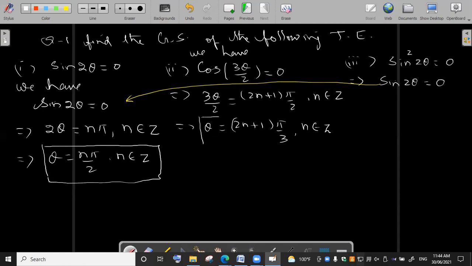So this is the generalized form of the solution of the given equation. Got it? In the next part, we will also find general solutions, but the only difference is that the right hand side will not be 0. If it is not 0, how to solve it? That type of questions and formulas we will see in the next part.